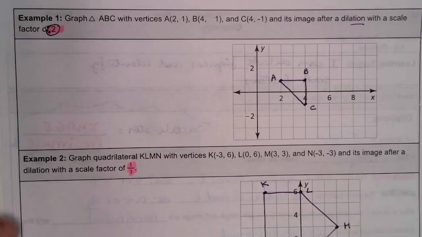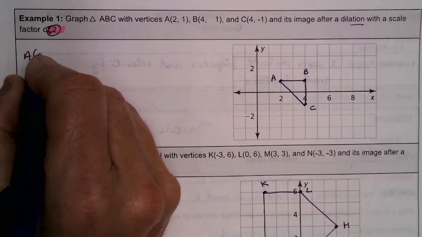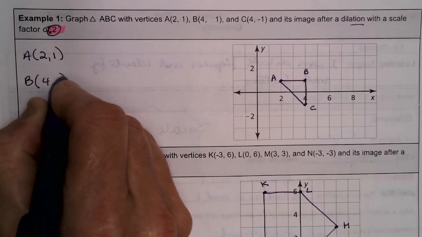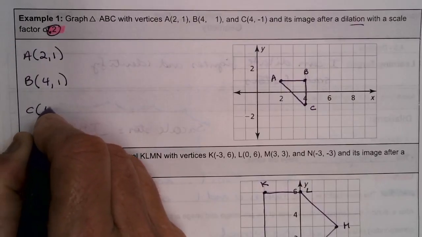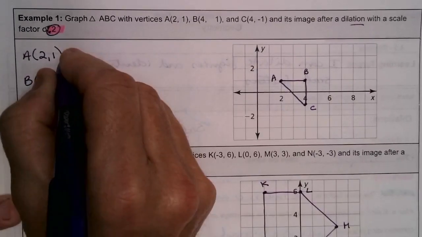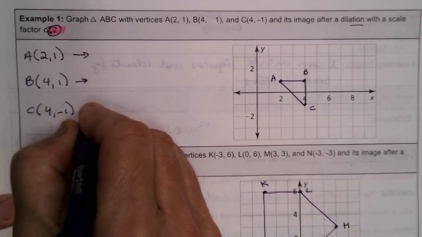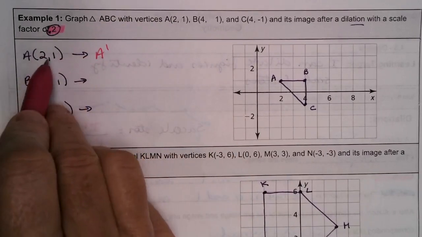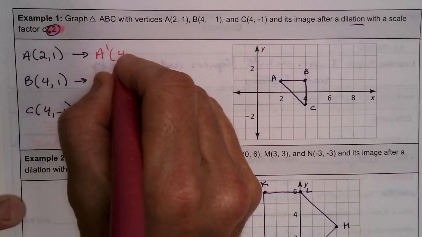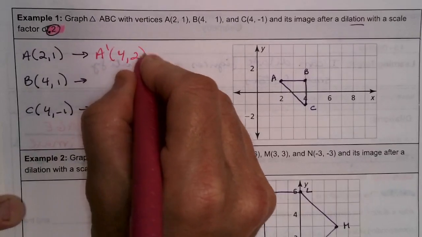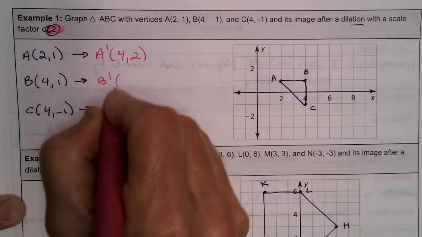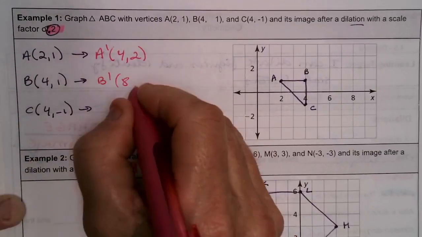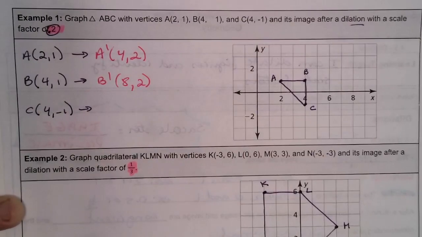Okay? So basically what I'm going to do is take the points A, B, and C, and multiply by 2. Okay, so A prime becomes 2 times 2, 4, 2 times 1, 2. B prime becomes 2 times 4, 8, 2 times 1, 2.